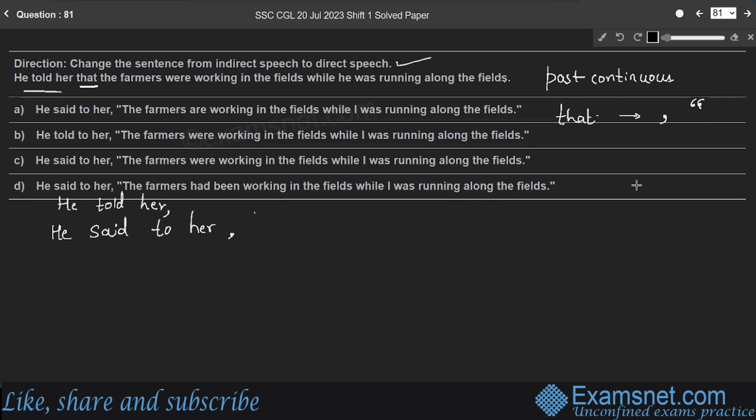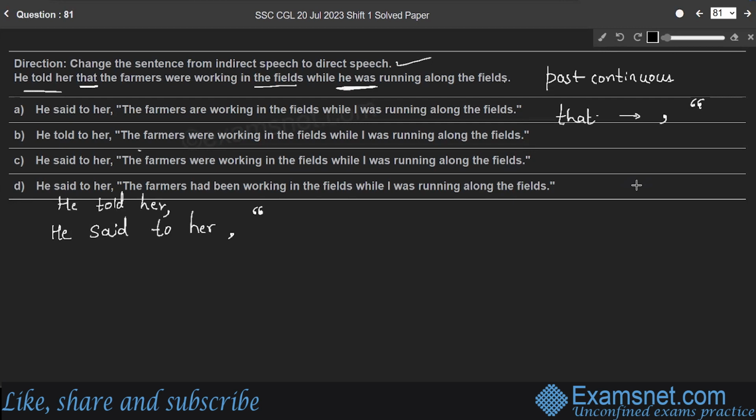He said to her, and in the inverted comma, the farmers were working in the fields while he was. Here the third person "he" will become "I", right? According to the subject of the reporting verb, "he" becomes "I".